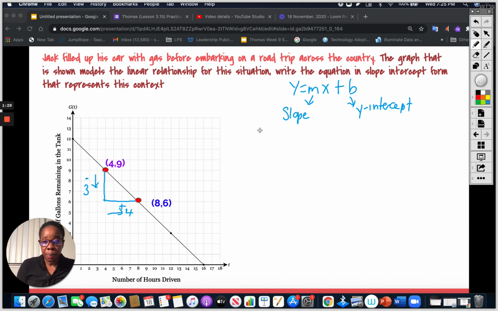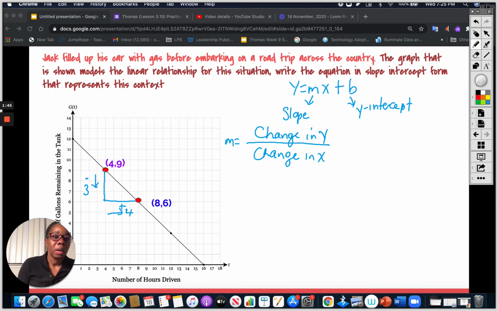How can we do the same thing with points? So our slope is change in y divided by change in x. So this is m. Okay, and let's just color code. So that's our y, that's our y. I'm going to start with my second point, so the furthest right.